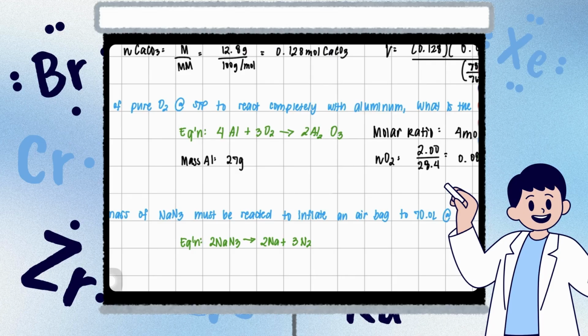So we can multiply 0.119047619 times 27 grams, which equals 3.214285714. We have to satisfy the number of sig figs, so we get 3.21 grams.